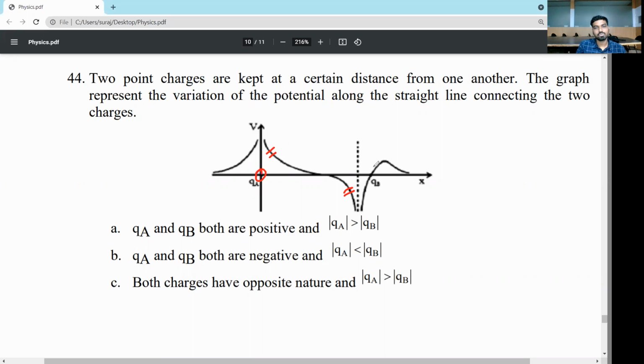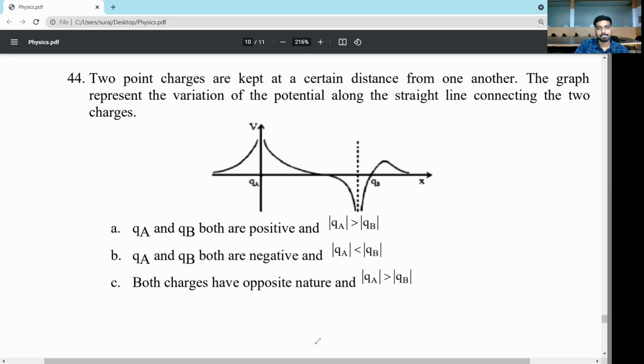This shows that both are of opposite nature, so the first two are wrong. Either C or D will be correct. Now here, if you see, the positive potential is much higher when compared to negative. So the magnitude of positive charge is much greater. C is correct. 44.